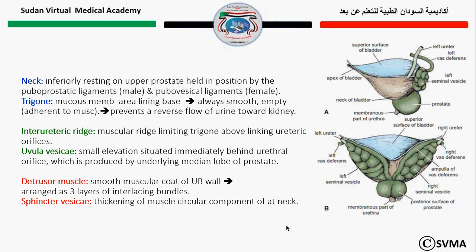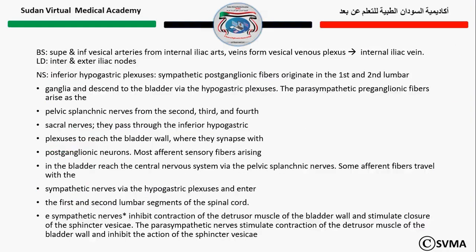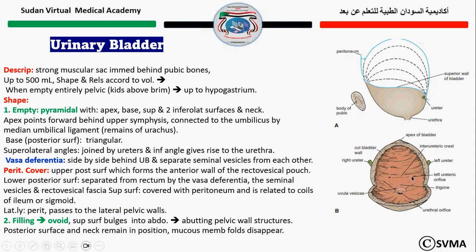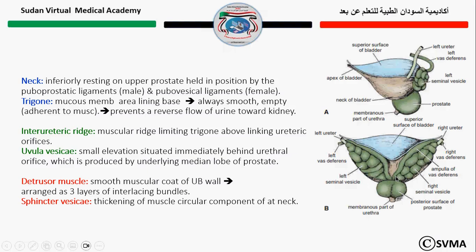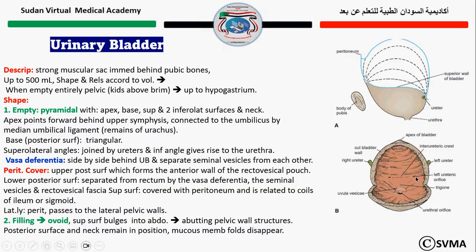Excellent. What is the interureteric ridge or crest? It is a muscle fold between the two ureteric orifices forming the upper border of the trigone. Yes. What is the uvula vesicae?